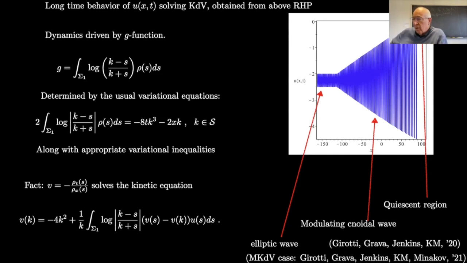Negative rho t over rho x is a velocity for that point. It solves this exact kinetic equation. So even though there's no randomness, even though there's no statistics in this, the gas of solitons itself has the property that there's an internal velocity profile which satisfies this very same kinetic equation.